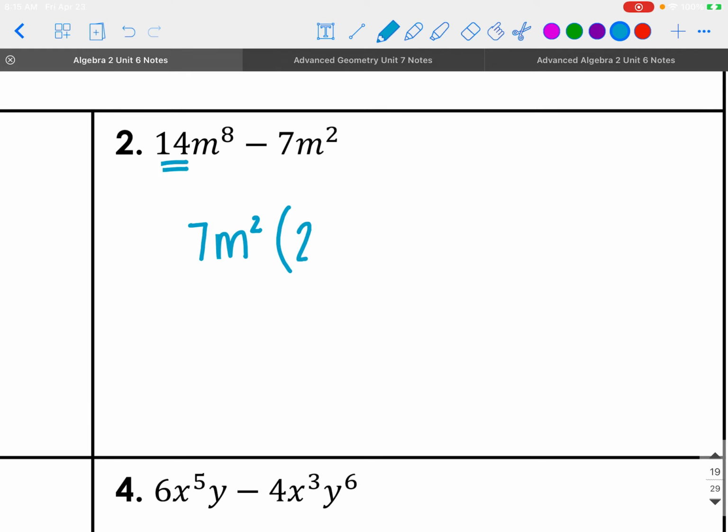So 14 divided by 7, that's 2. And then the m's, I still have 6. Minus, what is 7 divided by 7? That's 1. And then the m squareds, I took all of them. So it's 2m to the 6th minus 1.